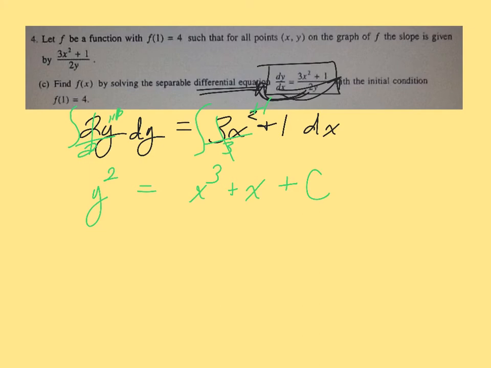There's my general solution, but we are told in the question again that f of 1 is equal to 4. So let's substitute that in. So we know 4 squared is 1 cubed plus 1 plus c. So let's go ahead and solve for c. 16.